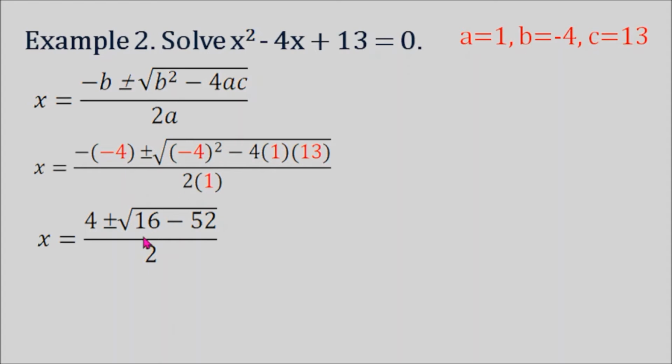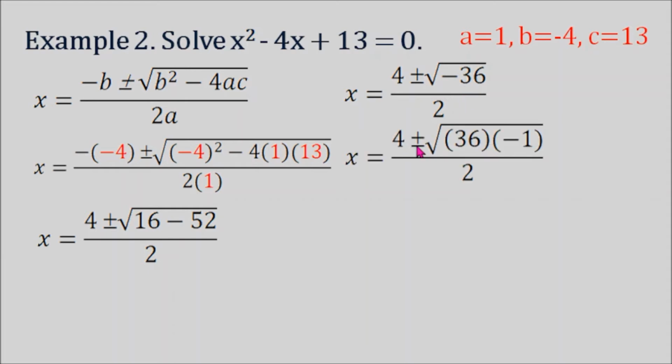Now simplifying furthermore, we have negative of negative 4 is positive 4, then plus and minus negative 4 squared is 16. Negative 4 times 1 times 13 is negative 52. Then all over 2 times 1, which is 2. And 16 minus 52 is negative 36. Again, we are going to factor negative 36 such that one of the factors is negative 1.